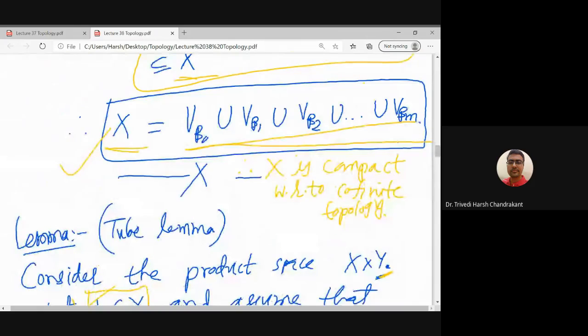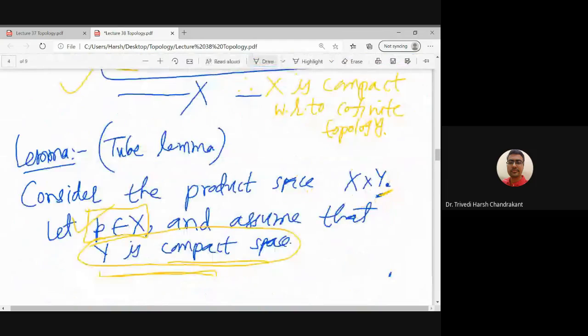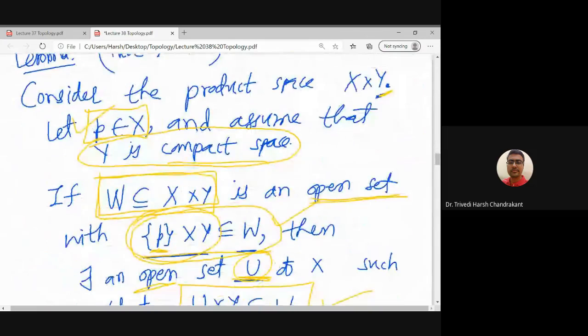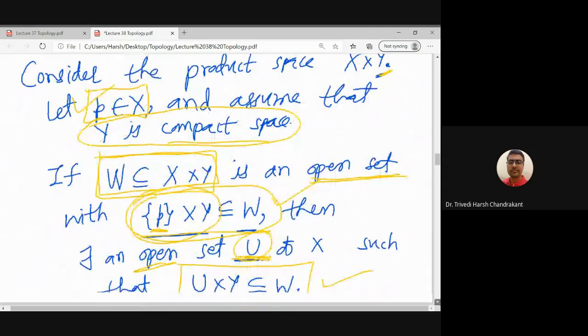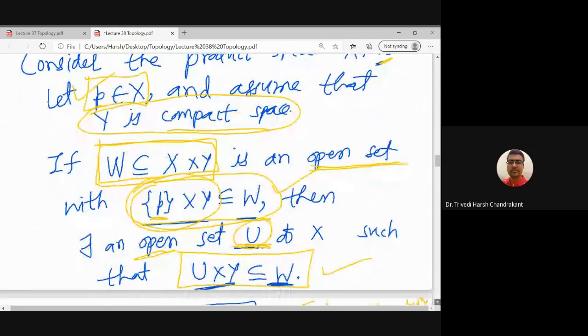If we consider the product topology on X cross Y, where X and Y are topological spaces, and if I take any point P in the first space X, and we assume that Y is compact, and if we take an open set W of X cross Y which contains the line x equal to P, so basically singleton P cross Y, then there exists an open set U of X such that U cross Y is a subset of W.